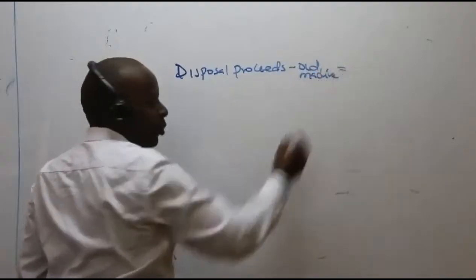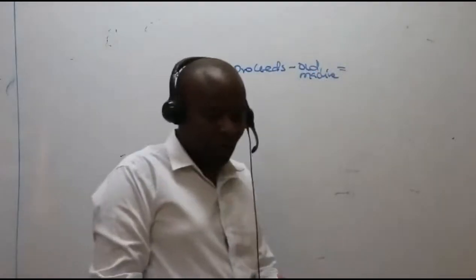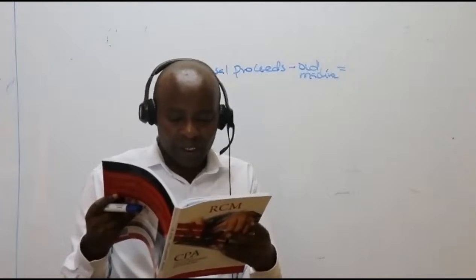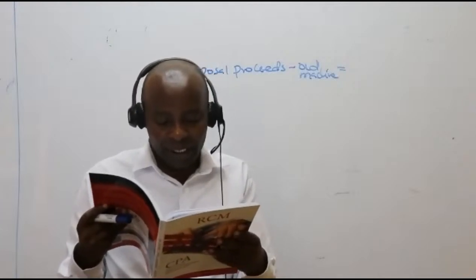So the disposal proceeds of the old machine, ladies and gentlemen, what have they told us? The new machine is expected to cost like that with a salvage value of 4 million at the end of the 5 years. The new machine will also require an additional investment in working capital of 2.6 million at the start of its useful life.